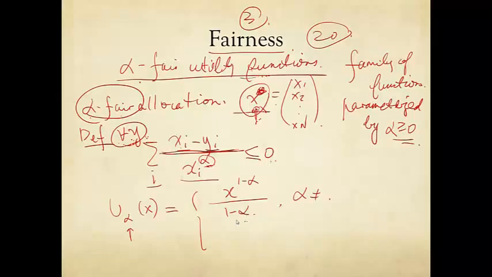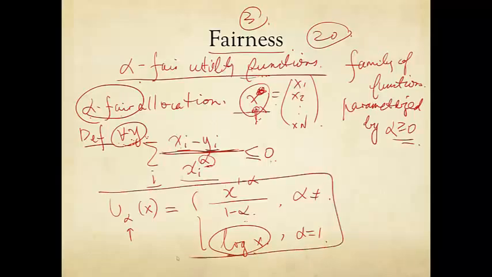But you can use L'Hopital's rule and see that when alpha is 1, this actually is log of x. Now I see the familiar and important special case of log utility. So if this is the definition of your utility function, then maximizing such utility function will lead to an answer, the optimizer x star, that satisfies the definition of alpha fair allocation. That's why we call this the alpha fair utility function.